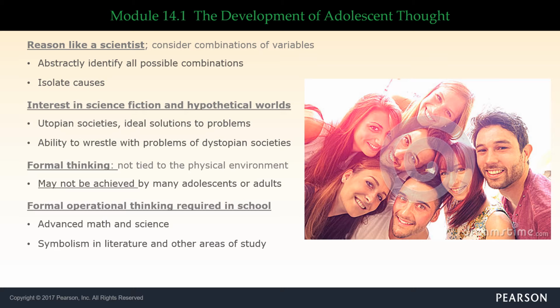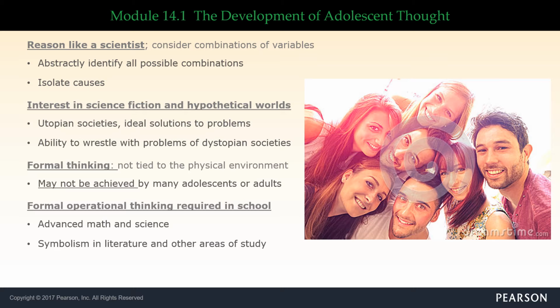Formal thinking is not tied to the physical environment, so they can utilize what they already know and consider that information and come to pretty effective conclusions, although it may not be achieved by many adolescents or adults in all areas.